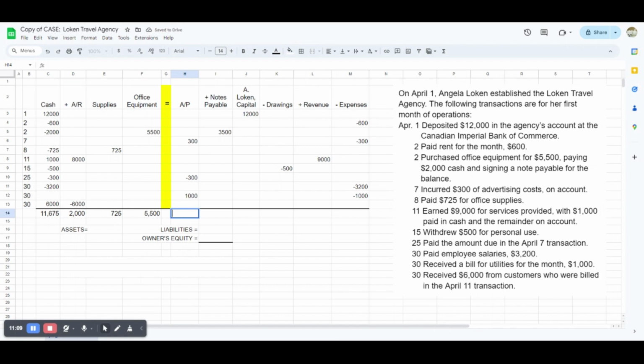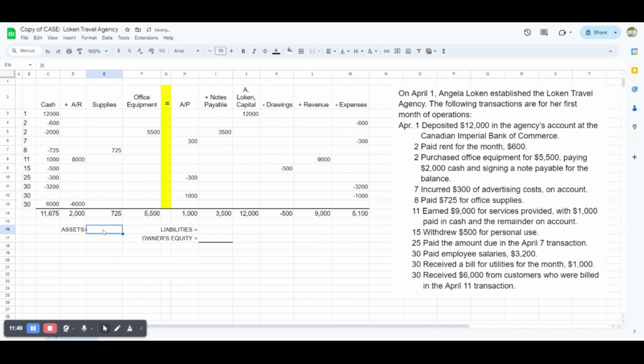Accounts payable, 300 minus 300 is 0, plus 1,000. Notes payable is 3,500. Capital is 12,000. Drawings, negative 500. Revenue, 9,000. Okay, so expenses, negative 600, minus 300, minus 3,200, minus 1,000. That is 5,100.